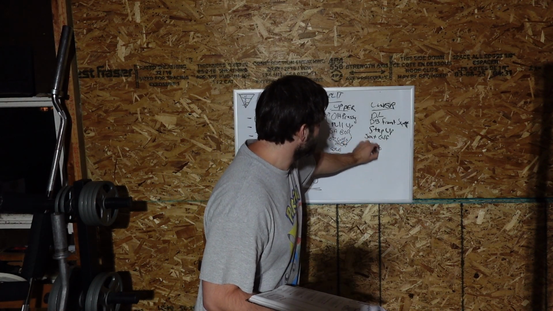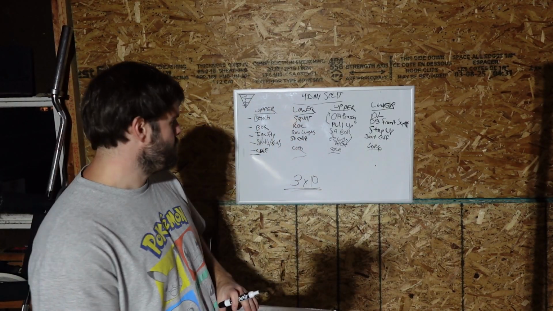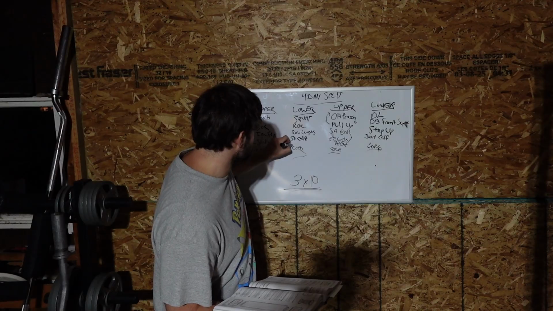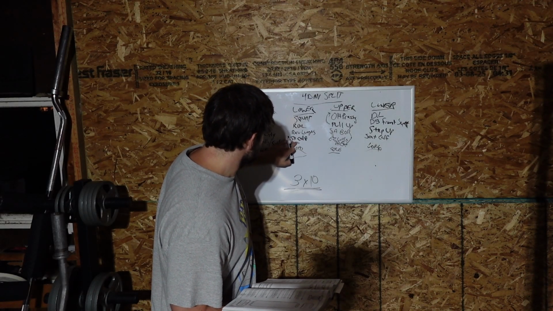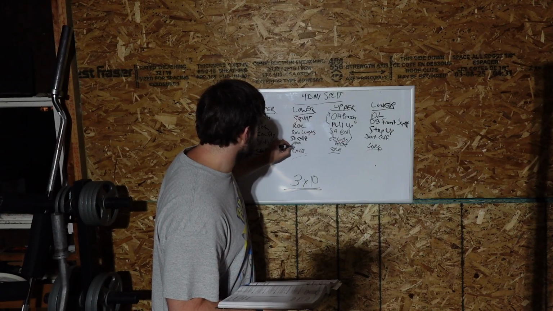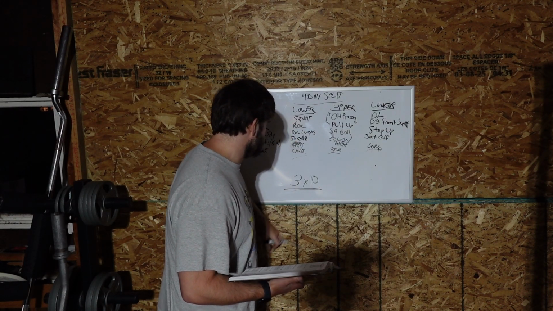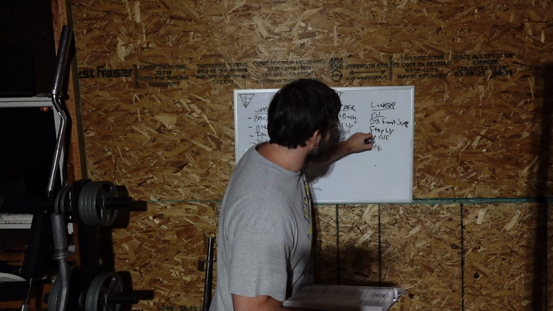Good. So one thing that I do with a client is we will do arms. Instead of core, actually he does core too, but we'll do arms on leg day.